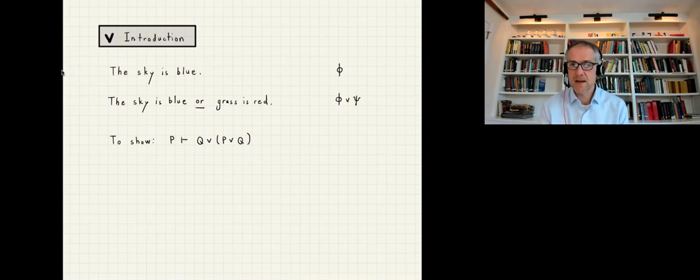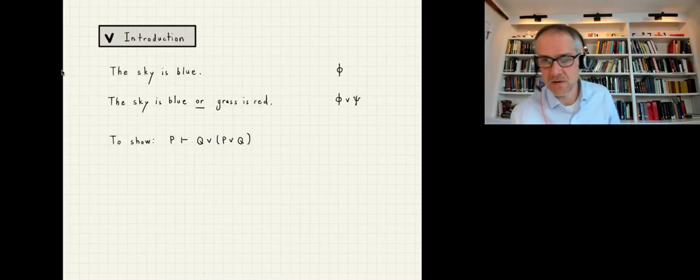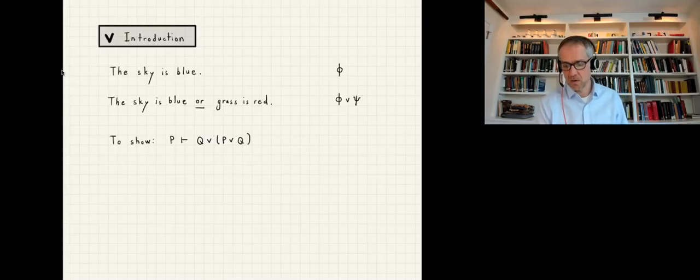Okay, so the fact is, no matter what I start with, and no matter which arbitrary sentence I choose, I can disjoin that other sentence. So if you look on the right-hand side of this slide, you'll see it written down in abstract form, phi, then phi or psi. Psi is arbitrary, it's whatever you want it to be.